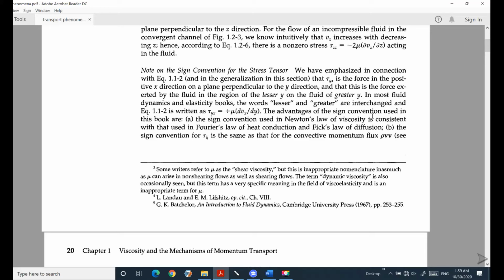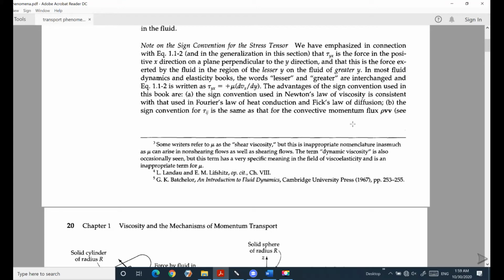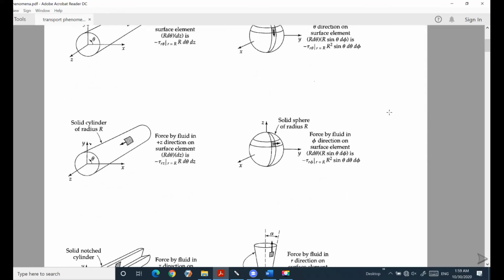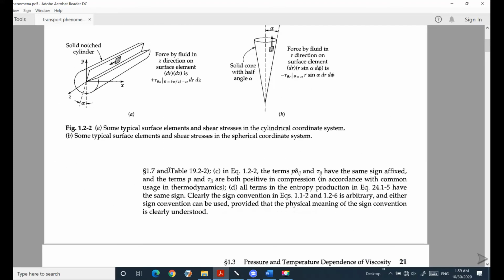The advantage of the sign convention used in these books is that the sign convention used in Newton's law of viscosity is consistent with that used in Fourier's law of heat conduction and Fick's law of diffusion. The sign convention for that one is the same as that for the convective momentum flux, in table 1.7, and so on.